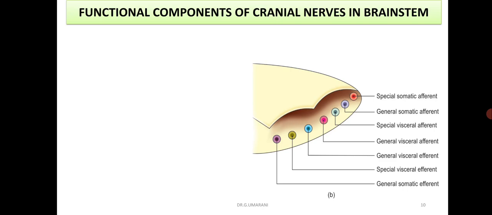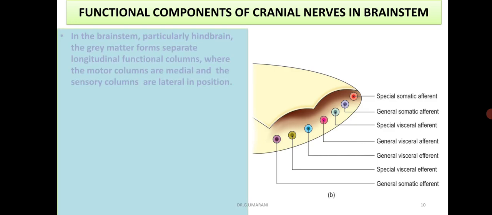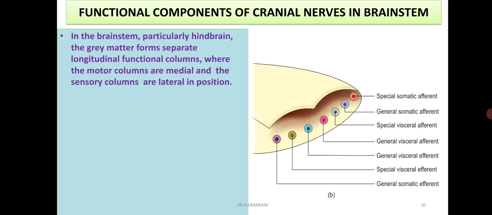In the brainstem, particularly the hindbrain, the gray matter forms separate longitudinal functional columns. The motor columns are present in the medial aspect and the sensory columns in the lateral aspect.